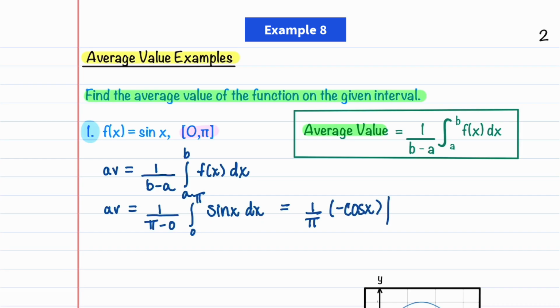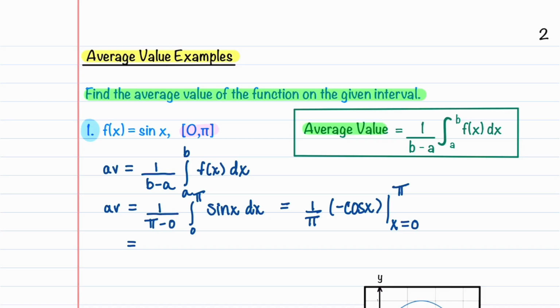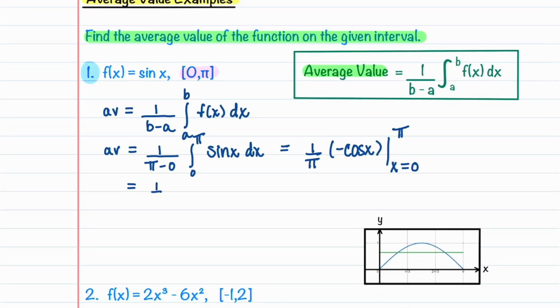And we're going to evaluate this for x is equal to 0 to x is equal to pi. This gives us 1 over pi times minus cosine pi minus a negative, so that's plus cosine of 0. You really have to watch your negatives with this problem.